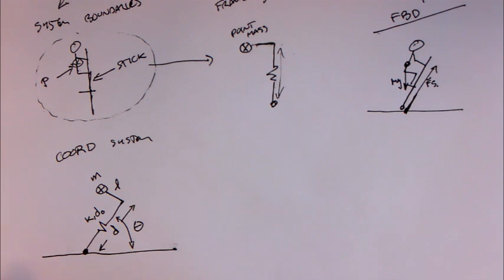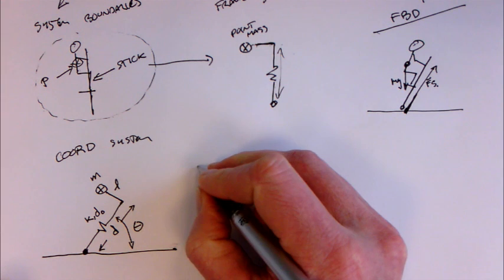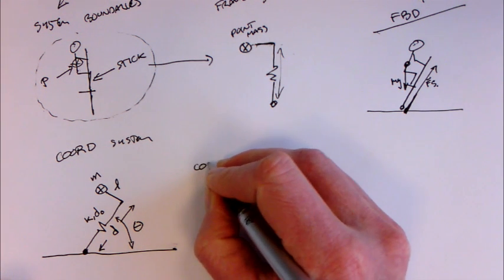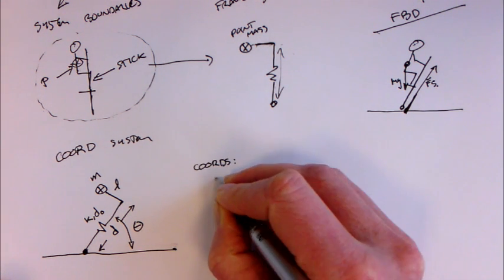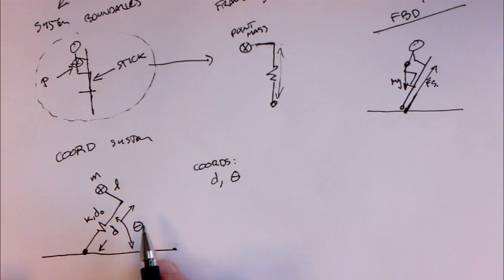And so at this point, I've identified both what the coordinates are and also what the parameters are. The coordinates that I need are d and theta, and possibly L if I decided the person was able to move their arm back and forth, changing the length of their arm by bending their elbows.